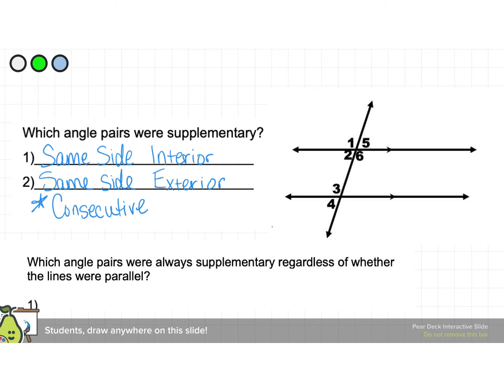Now, there's an angle pair that's always supplementary regardless of whether the lines are parallel, and that is a linear pair. So a linear pair would be like angle 1 and angle 5, or angle 3 and angle 4.